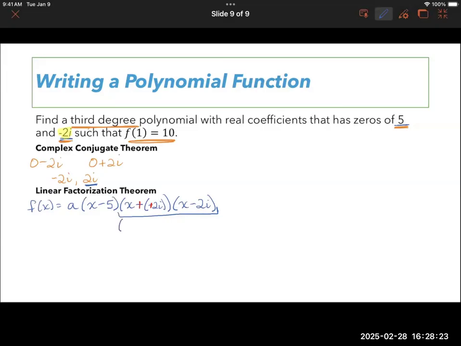So I'm going to take x times x, which is x squared. I've got x times negative 2i, so a negative 2ix. Then I've got my positive 2i times x for inside, so positive 2ix. And then positive 2i times negative 2i will be a negative 4i squared.